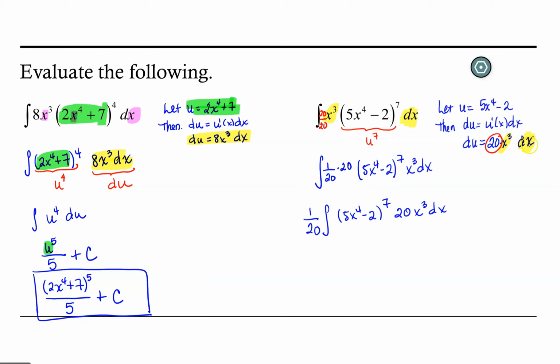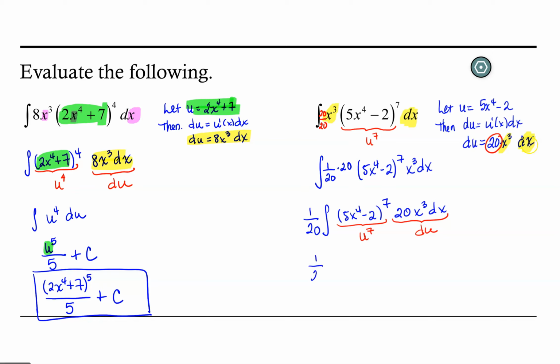Now in this form, I can replace the 20x cubed dx with du. I can replace the quantity 5x to the fourth minus 2 raised to the 7th power by u to the 7th. And now I have a new integral that is written entirely in this new variable u. And this new variable u is going to make it easier to find the antiderivative.